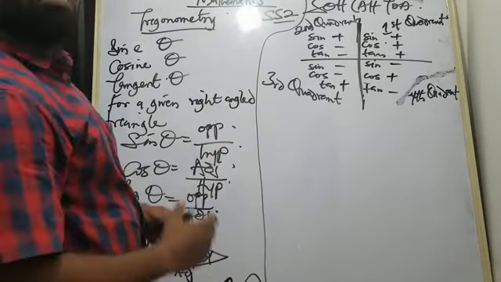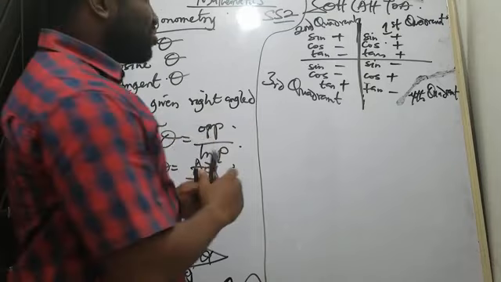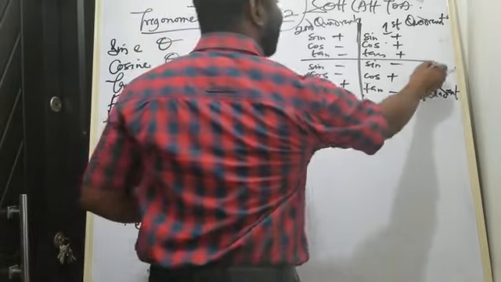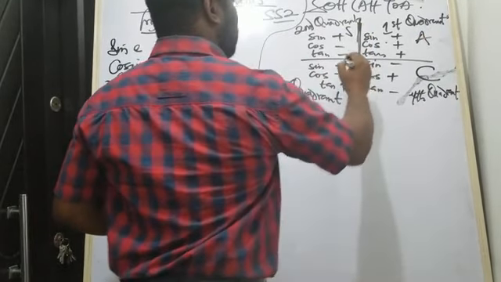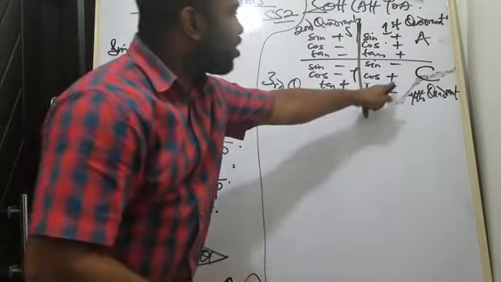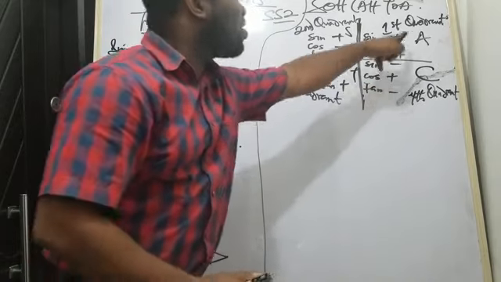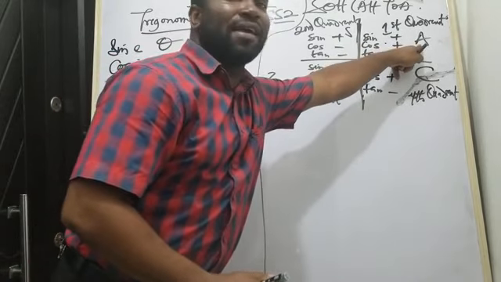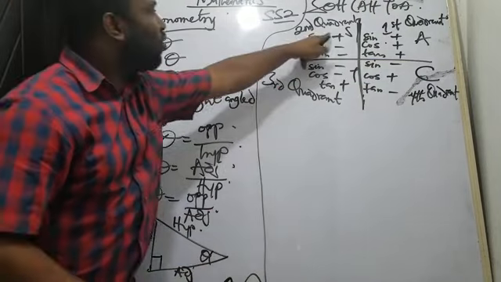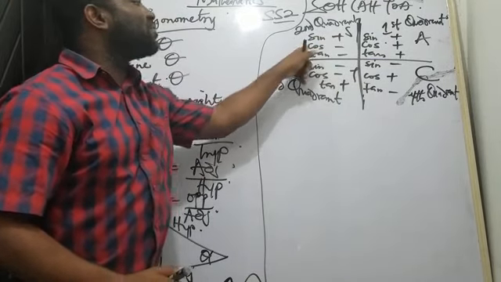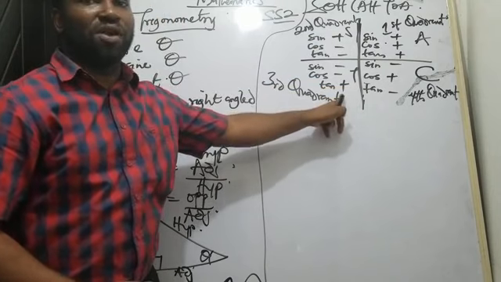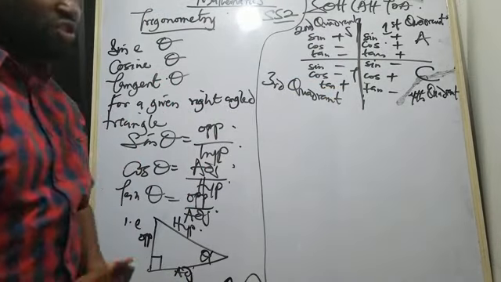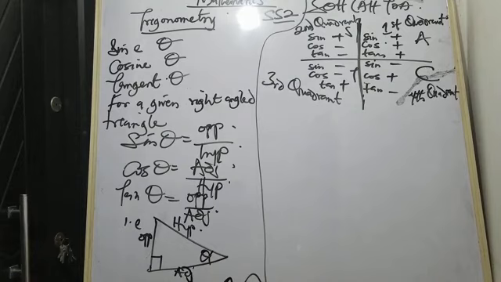Now, for you to make it clearer, you can bring in what we call CAST from here. C-A-S-T. Okay? That is, only cos is positive here. All A are positive. Only S, sine, is positive. And then here, only tan is positive. Alright? So that is the logic to that.